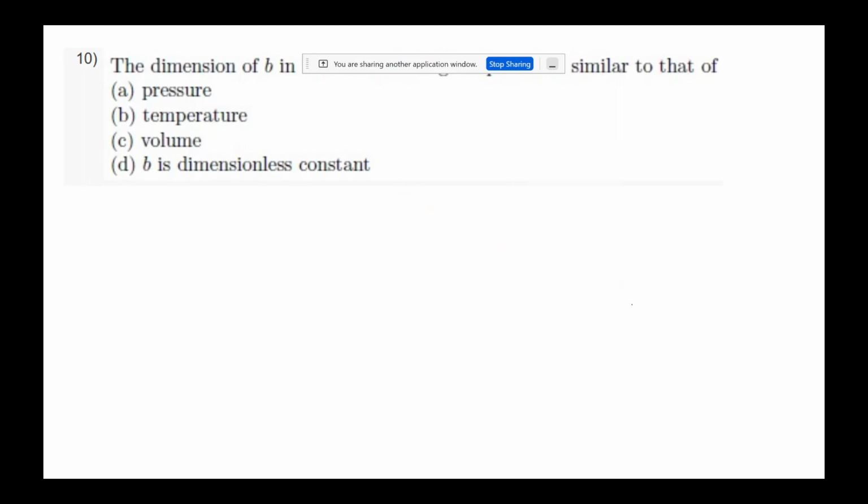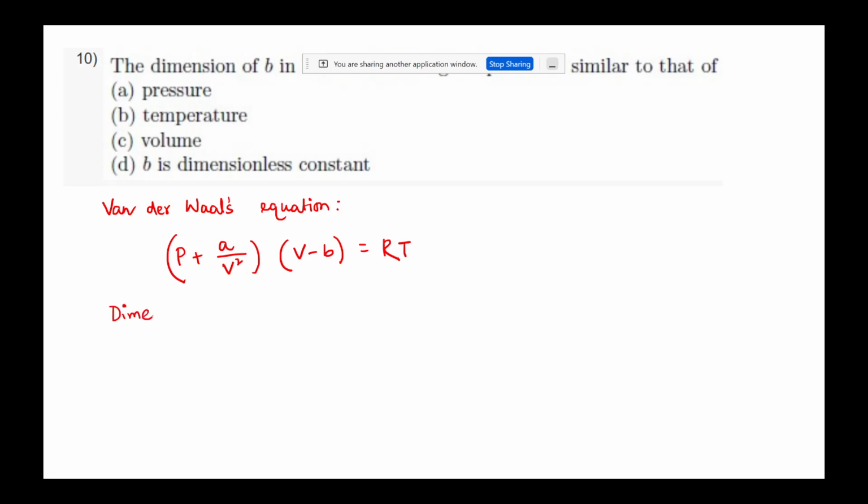I'm writing the van der Waals equation. What is the dimension of B?